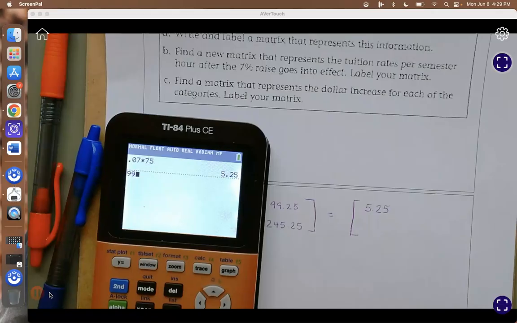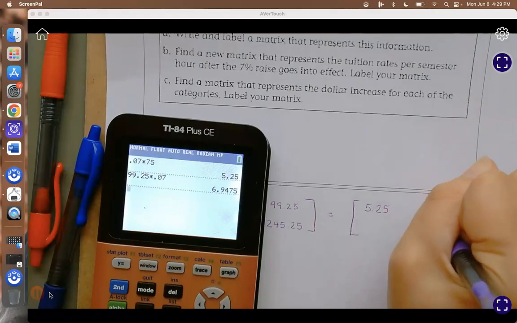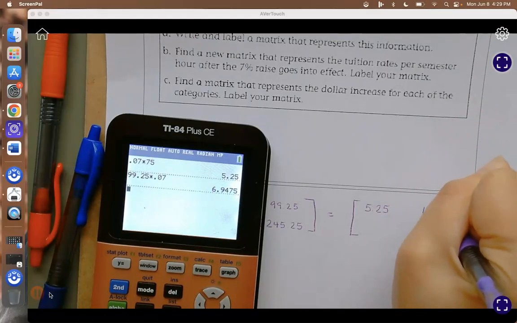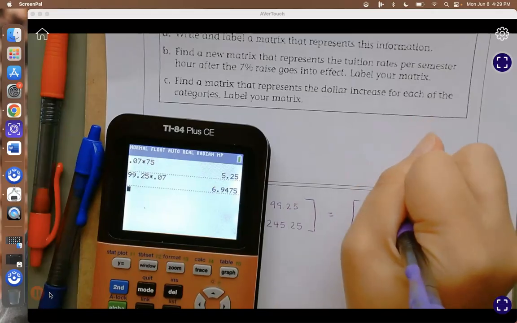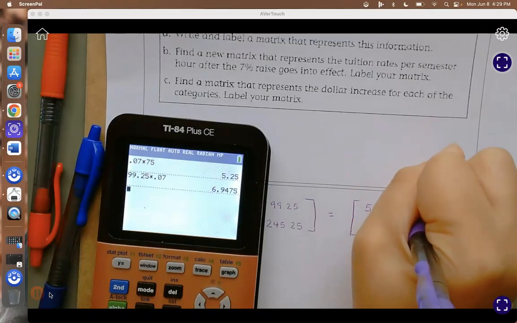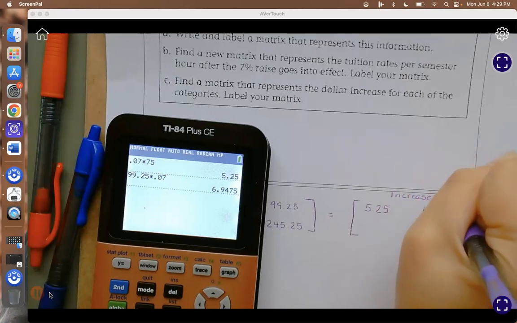And then the 99.25 times 0.07, this is going to be 6.95. Okay, because it's money. That's how much it's increasing. This is our increase in rates.